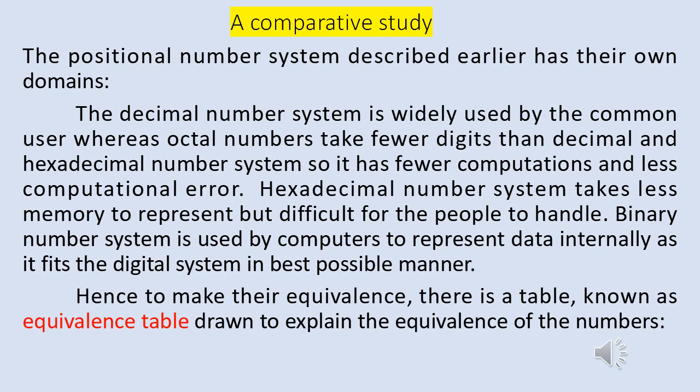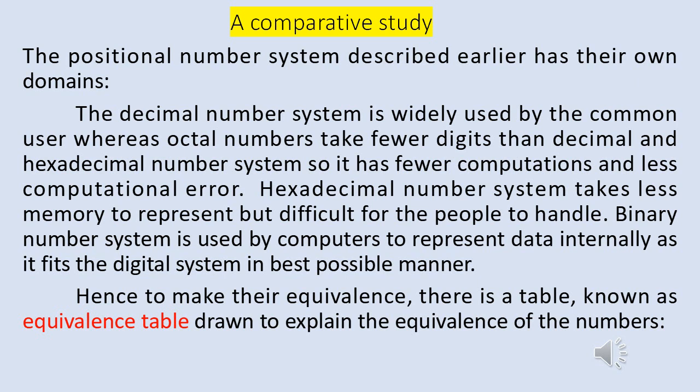As there are different types of positional number systems and they are all domain specific, we are making a comparative study here. The decimal number system is widely used by the common user, whereas octal numbers take fewer digits than decimal and hexadecimal numbers, so it has fewer computations and less computational error.